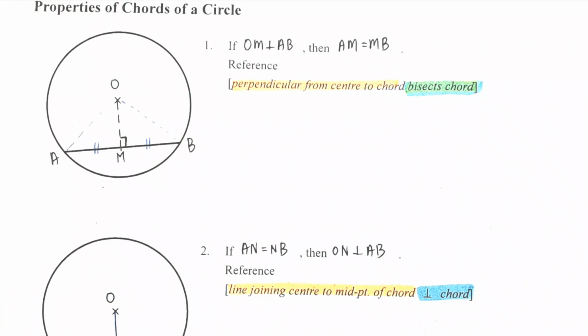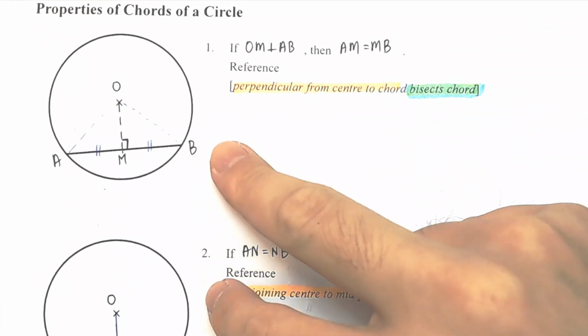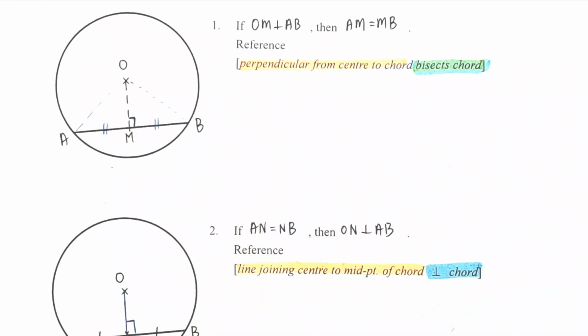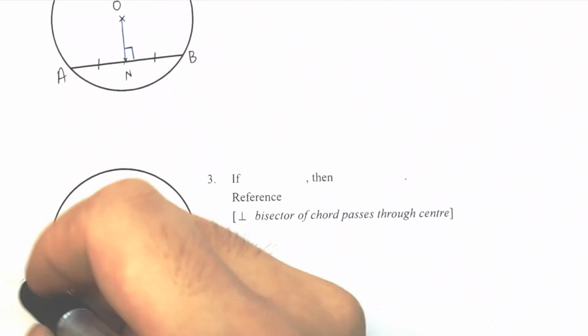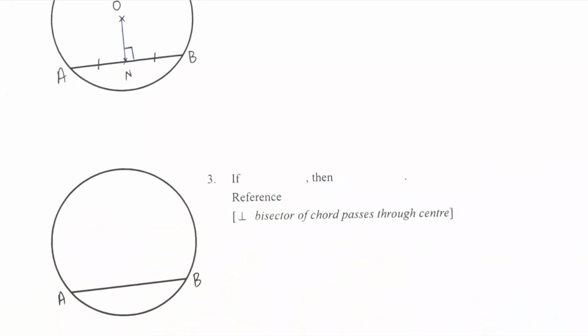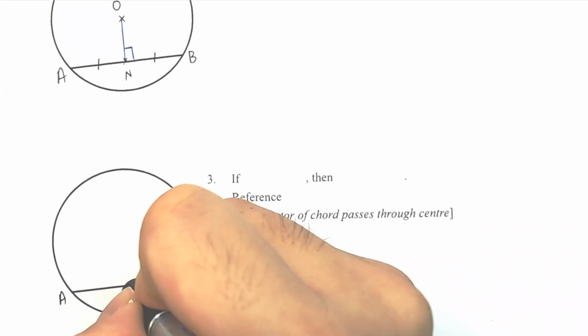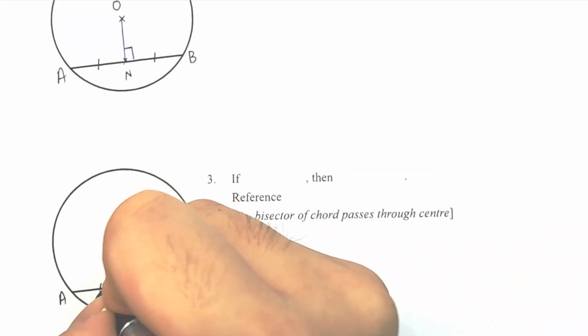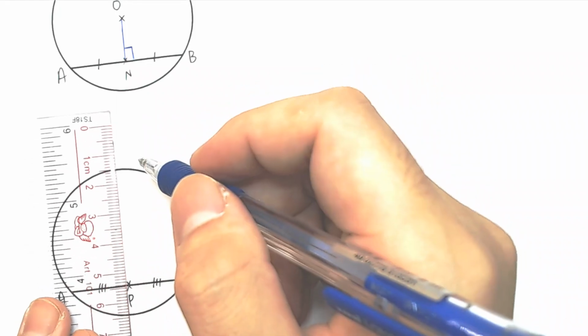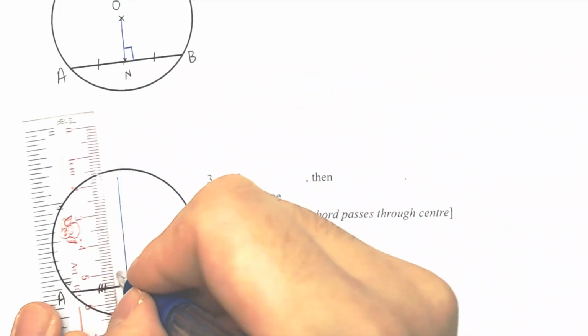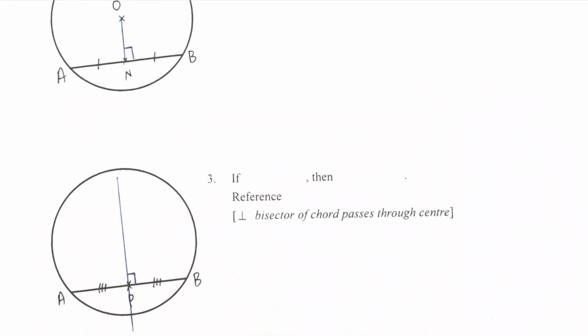Now the third one. The first two scenarios involve the center of the circle, but the third one does not involve the center of the circle. If we have a chord AB and we mark a midpoint of AB known as P, and I draw a perpendicular line to AB which passes through P, then guess what happens?